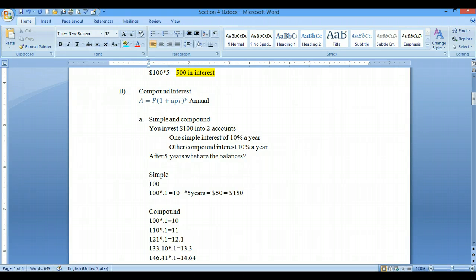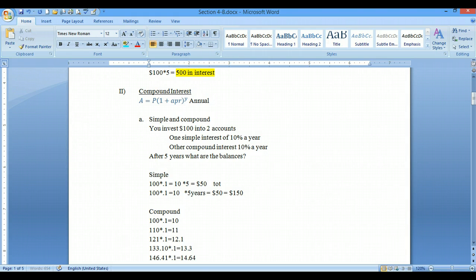If I have $100, the simple interest is only on that $100, and it's 10%, so 0.1. Move your decimal over, I have 2 zeros here, so move it over once gives me a 1, move it over again, I have 10. And that's for 5 years, so I need to multiply that by 5, which gives me the interest of $50.